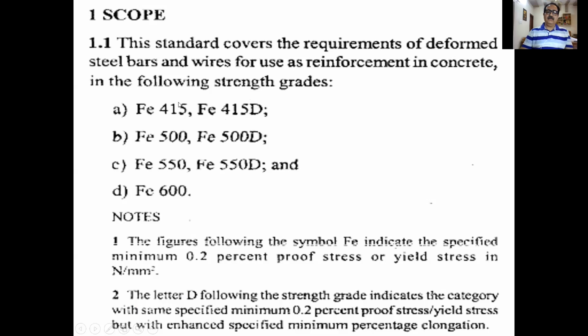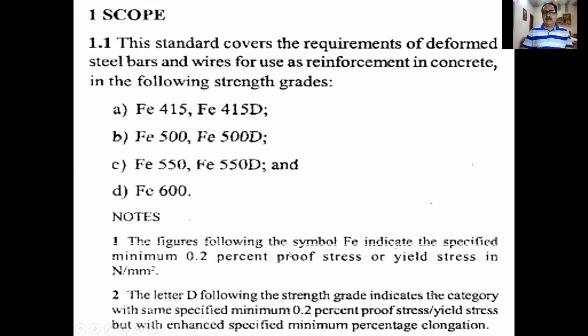So we have Fe 415 grade, Fe 415D, Fe 500 grade, Fe 500D, Fe 550, Fe 550D grade, and the latest grade which has been added in this particular IS code is Fe 600. In India, mostly the steel is manufactured up to this grade, but on special demands it can be manufactured with this Fe 600 grade as well.